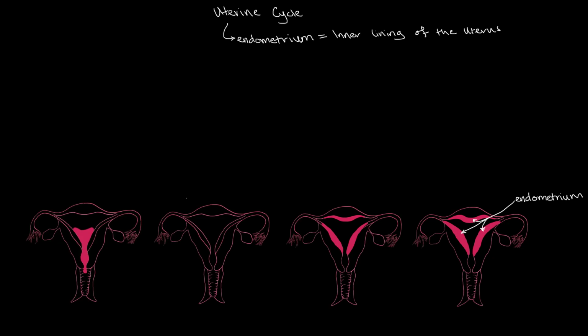And so through the 28-day period of a woman's menstrual cycle, the uterus completely replaces the endometrial lining. So we'll start the cycle at day 0 to day 7. So we'll call day 0 to day 7 menstruation.